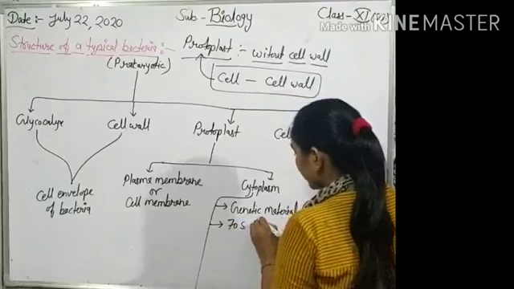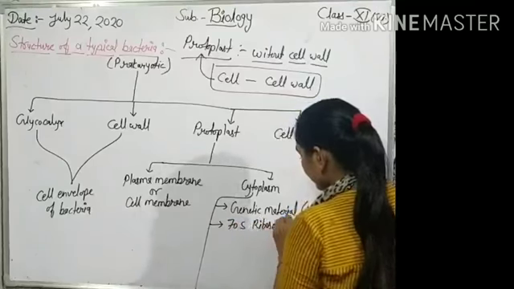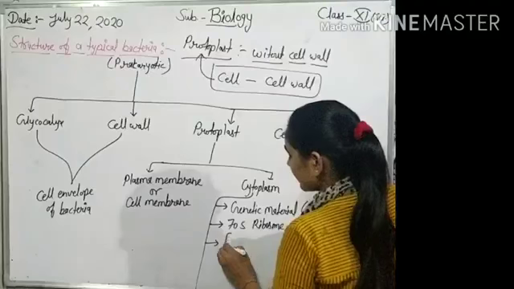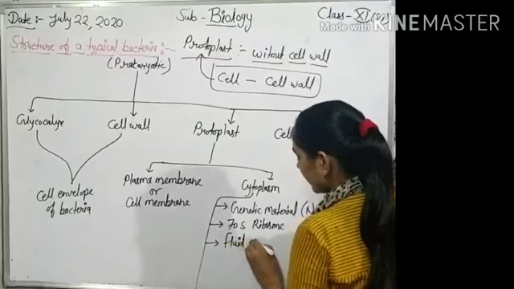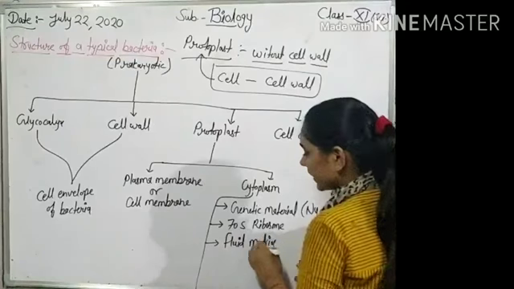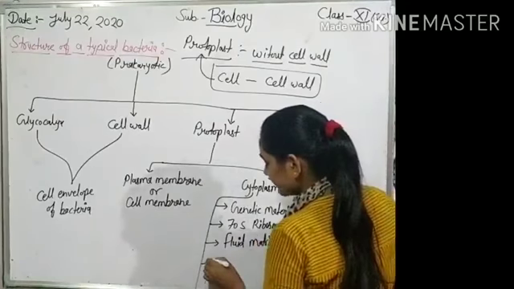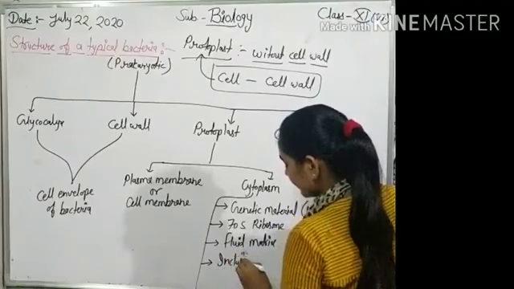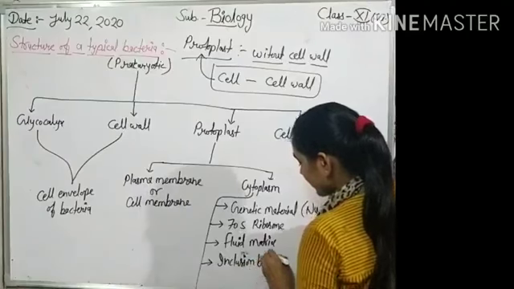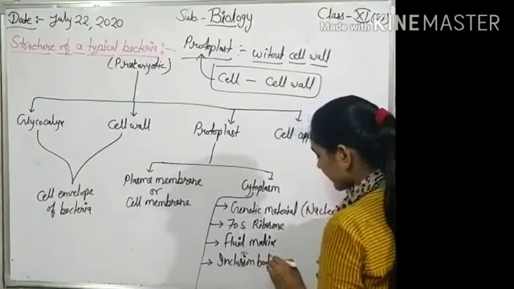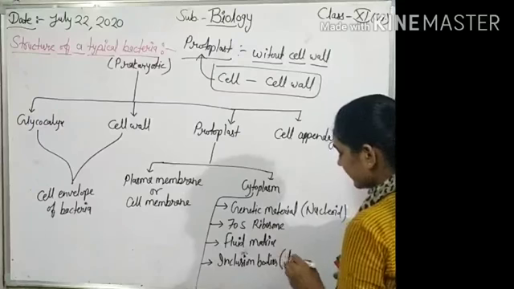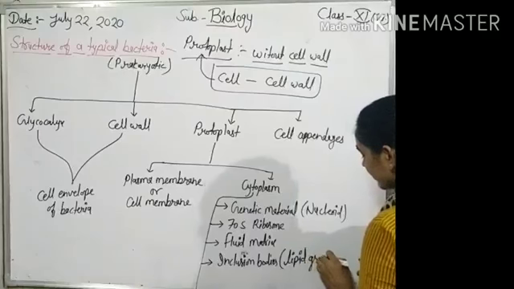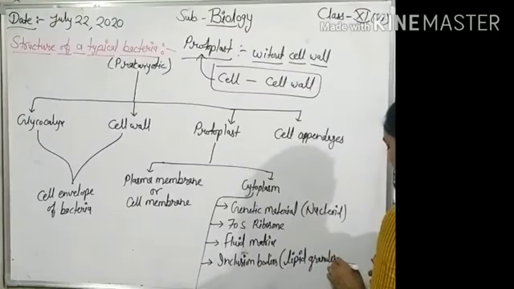70S ribosome cell organelle, fluid matrix containing biomolecules, and inclusion bodies like lipid granules and phosphorus granules.